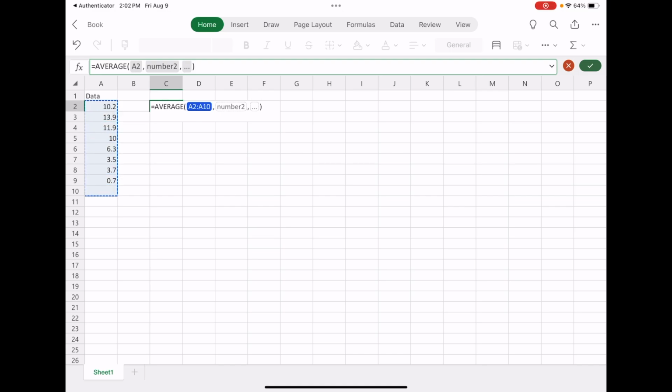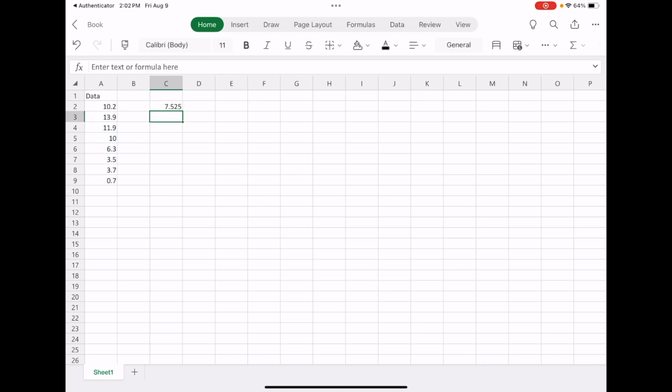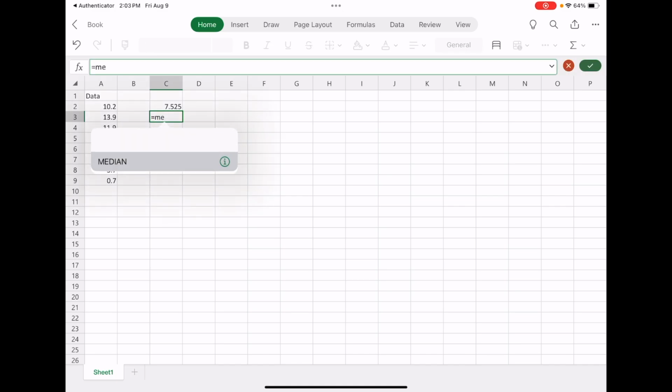I'm going to drag that box with the dancing ants around it all the way down to A9, and I'm going to push enter, and there it is. Gave me the average of that range. Okay, the next one we want is median, so I'll go ahead and do equals median.